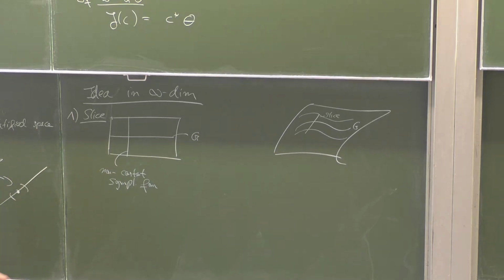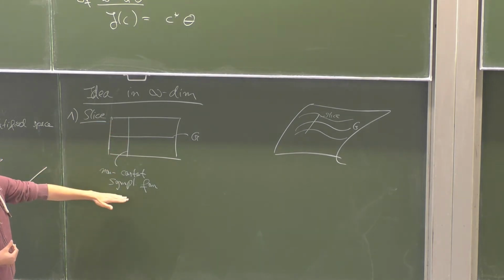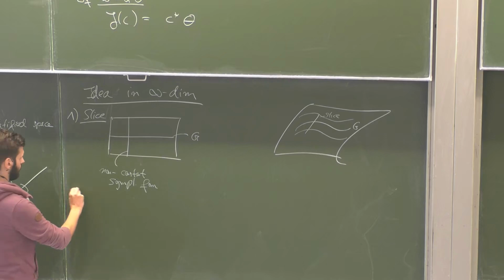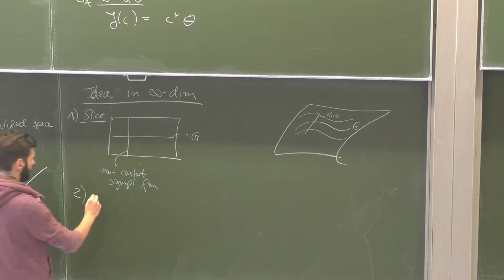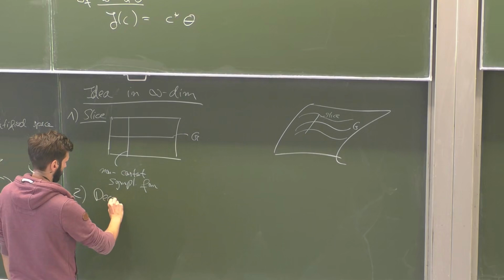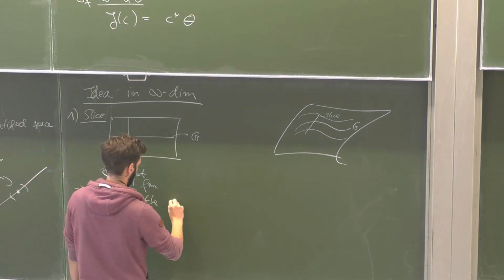The next idea is that because the symplectic form on this tubular neighborhood is not constant, we don't get a nice normal form for our momentum map. And that normal form was used in the finite dimensional setting to really do the symplectic reduction for this model space. But what we can do is decompose the momentum map.